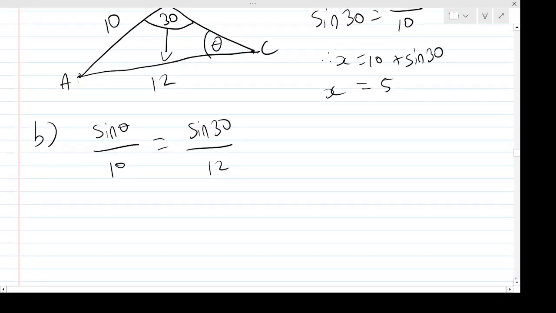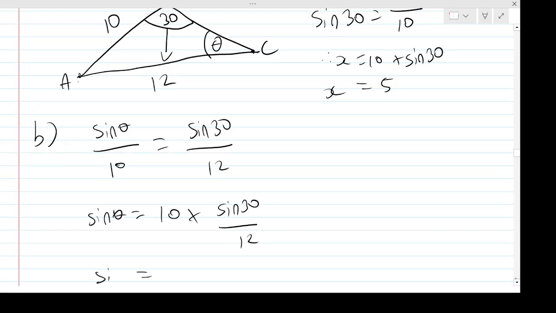So to get sine theta, we're going to be doing 10 times sine 30 over 12. We'll put all that in a calculator. I get sine theta is 5 over 12.